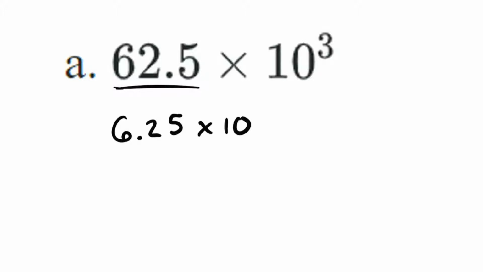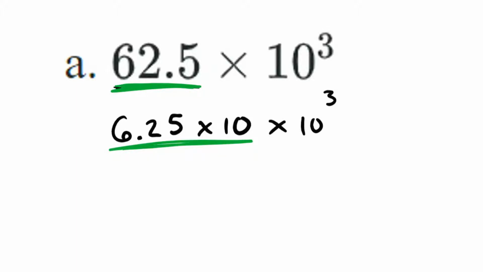Now, full stop, take a close look here. This thing that I underlined in green is exactly the same as 6.25 times 10. Those are identical to each other. So I'm replacing the 62.5 with 6.25 times 10. Now I have to go ahead and say, let's multiply by another times 10 to the third.